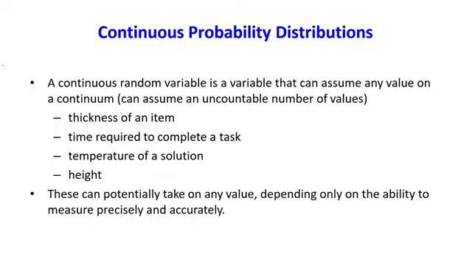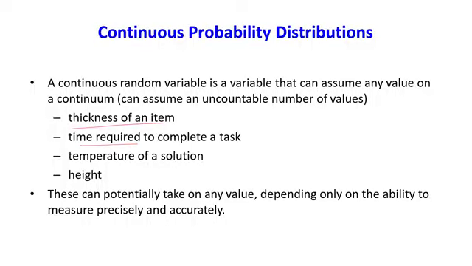Now, when we are talking about a random variable where it can take any continuous or decimal values, there we go ahead with the continuous variable distribution. For example, if you are measuring the thickness of an item, it can take any decimal value.